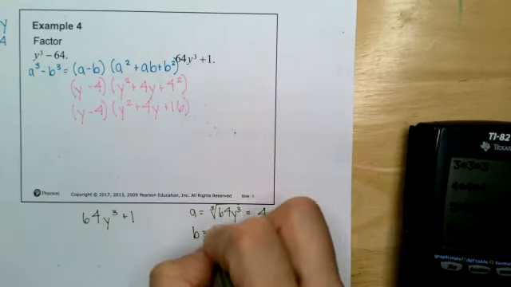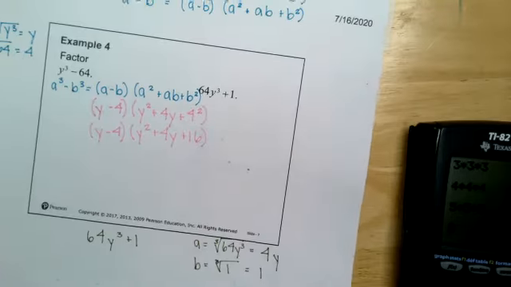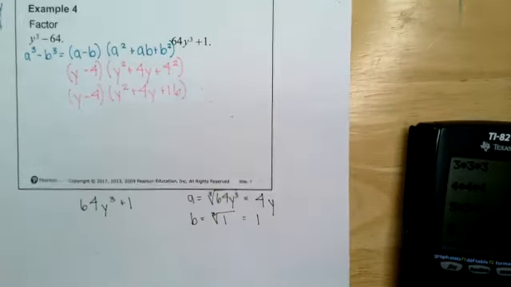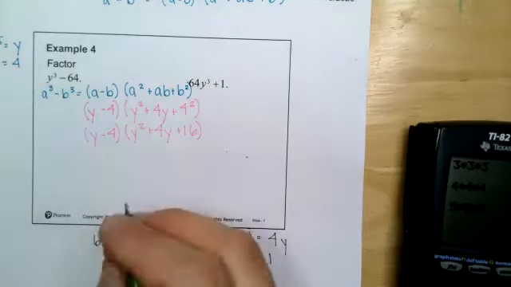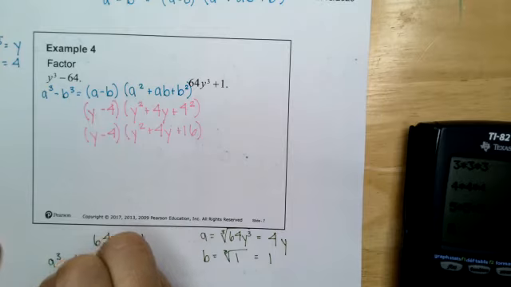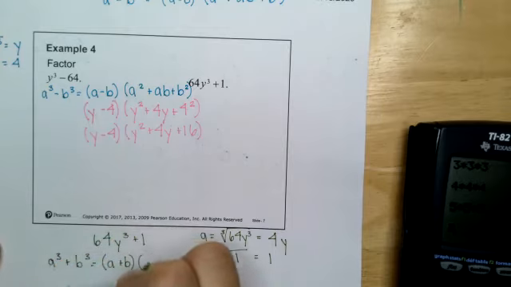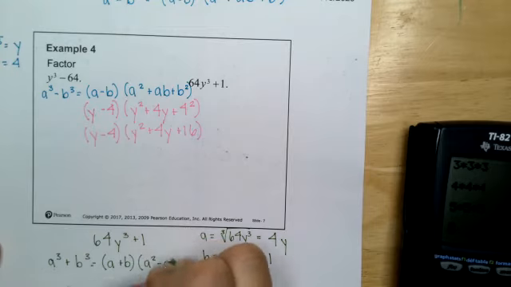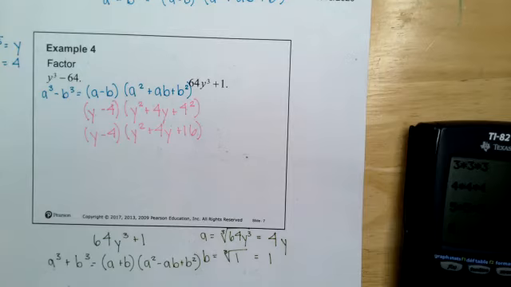The cubed root of 1 is just 1. And we're going to input it into this one. A cubed plus B cubed equals A plus B times A squared minus AB plus B squared. Just substitute those right in. A is 4y. B is 1.